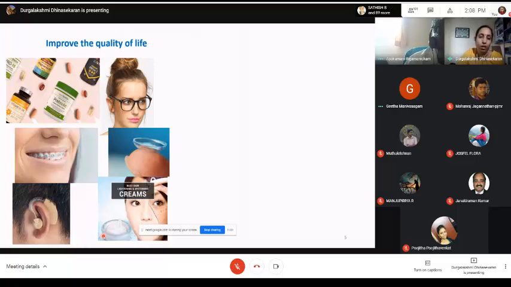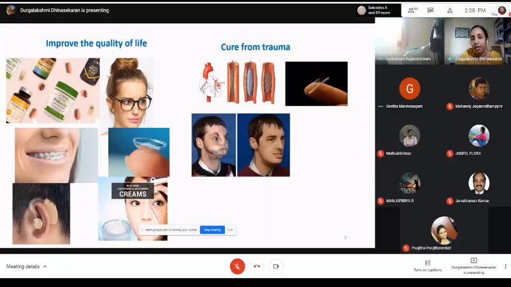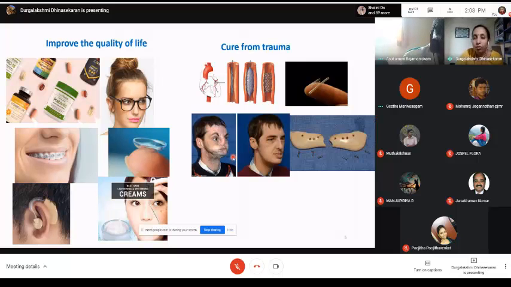These all come under medical materials and devices, and there are other types used to cure a trauma condition, such as implants used in in vivo conditions. During a heart problem or a sudden heart attack, stents are used to remove the blockage in the arteries or veins. During accidents or birth defects, implant materials like metals and polymer casts are used so that we can restructure the face and look like a normal person.